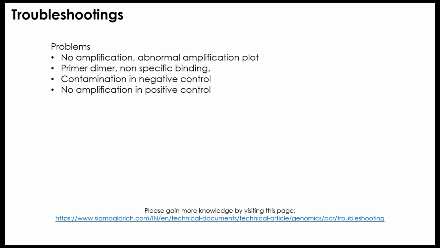SYBR Green. So all those things need to be looked at very carefully for troubleshooting. To learn more about troubleshooting, I would suggest that you go to this Sigma-Aldrich reference, which I am sharing in this particular slide, and look for the different types of troubleshooting which generally happen in PCR.